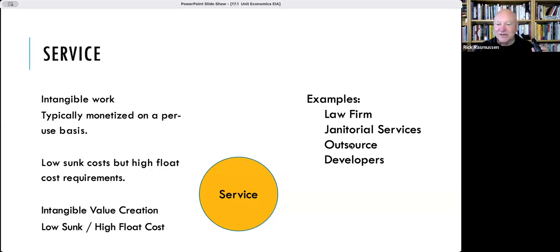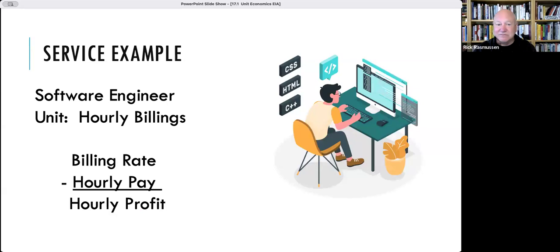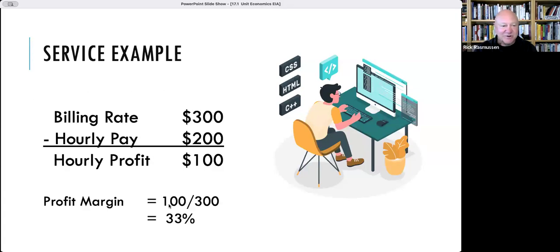So lawyers, janitors, developers, you're all selling support services. It's usually a billing rate that you have: what you bill out, what you pay your employees, and there's a profit associated with that. It's pretty straightforward.